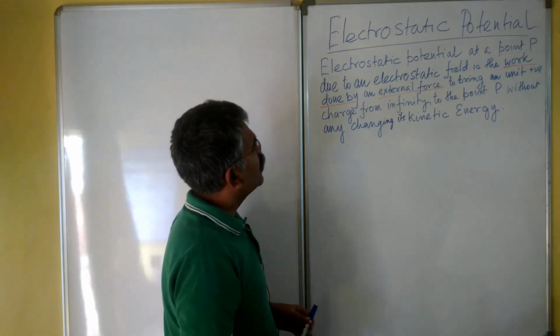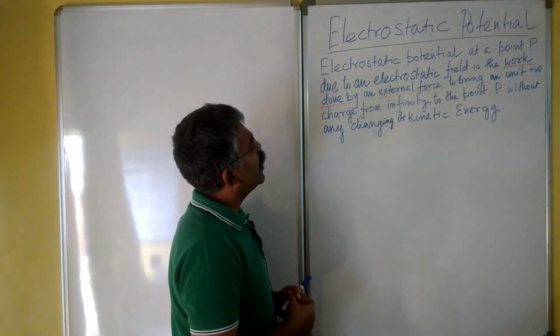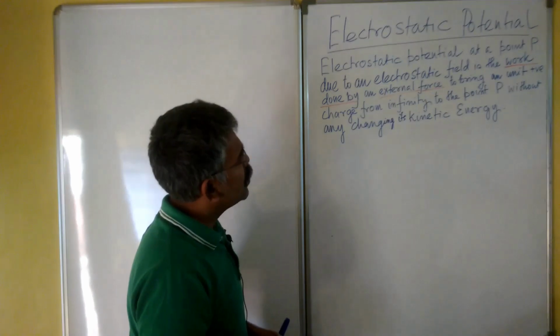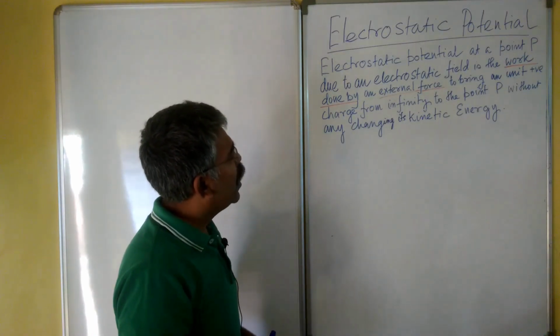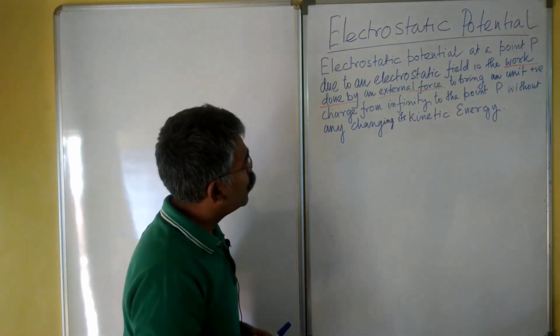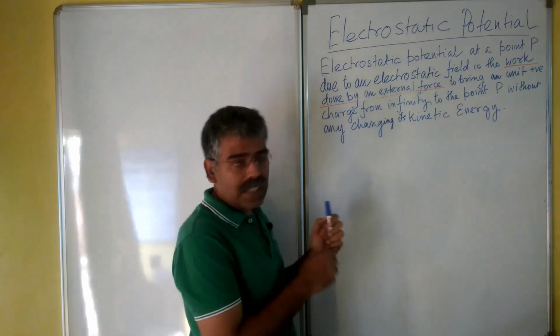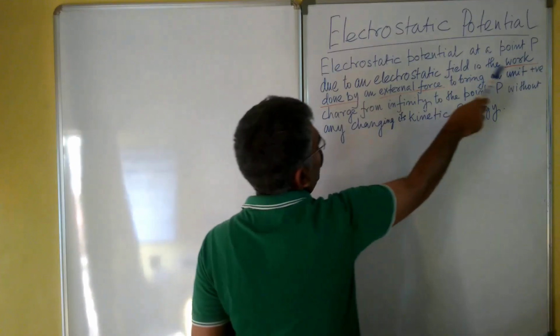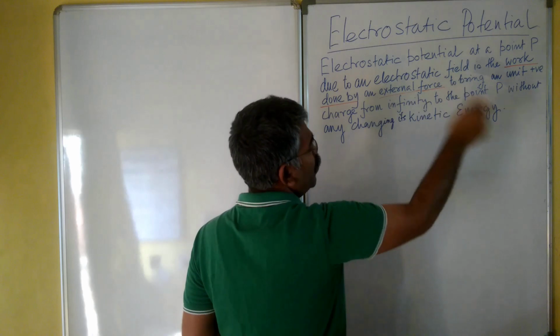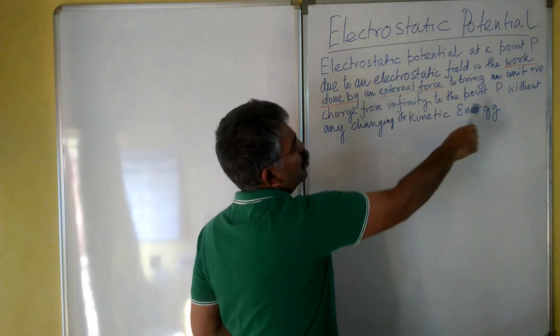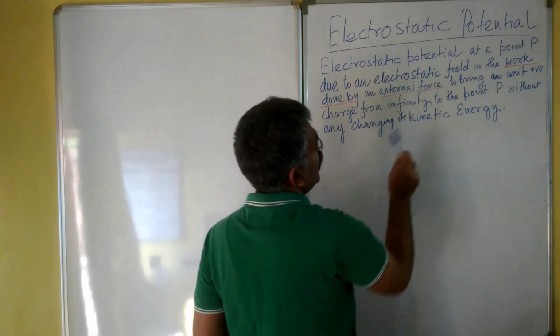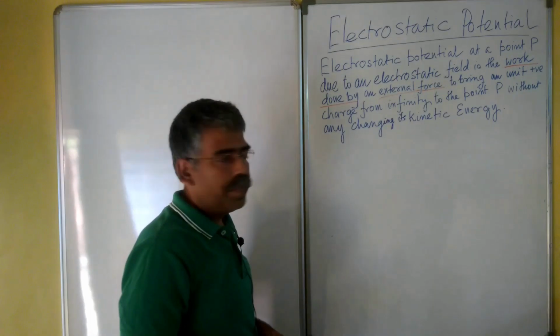Electrostatic potential at a point P due to an electrostatic field is the work done by an external force to bring a unit positive charge from infinity to the point P without changing its kinetic energy.